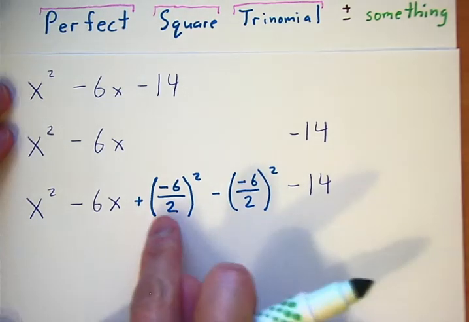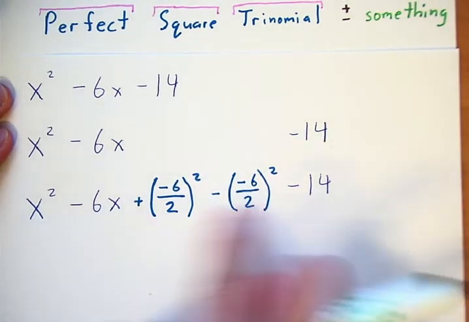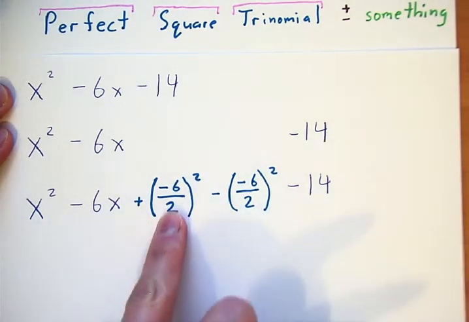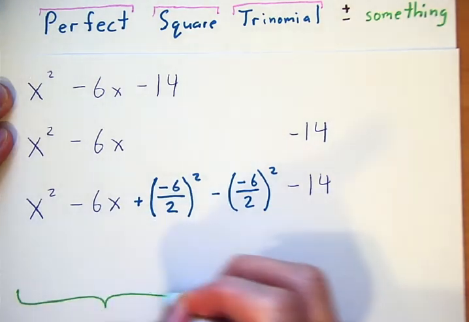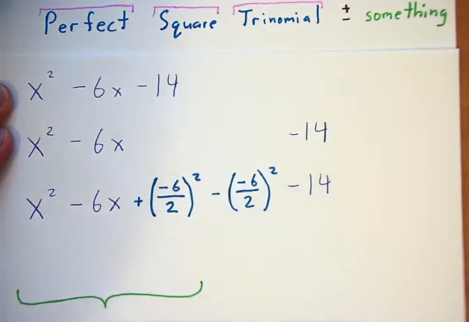So why did I do these two little pieces? I did this piece right here in order to make these three terms here a perfect square trinomial.